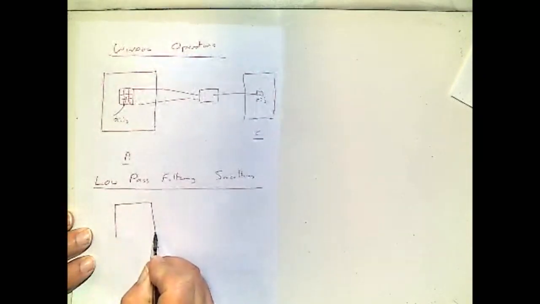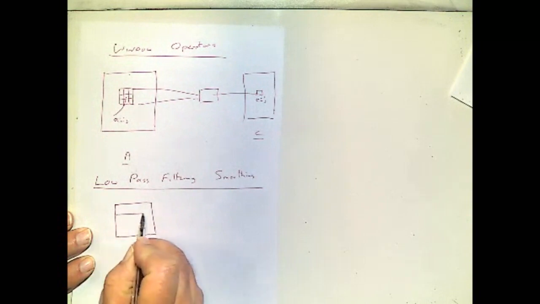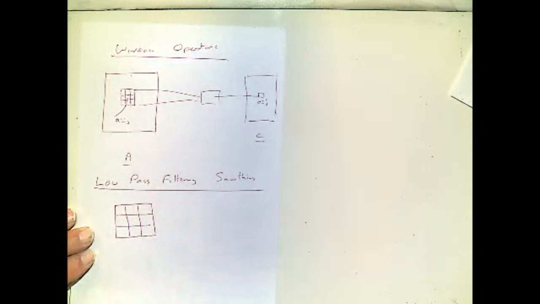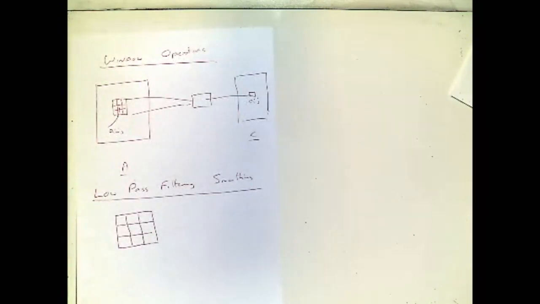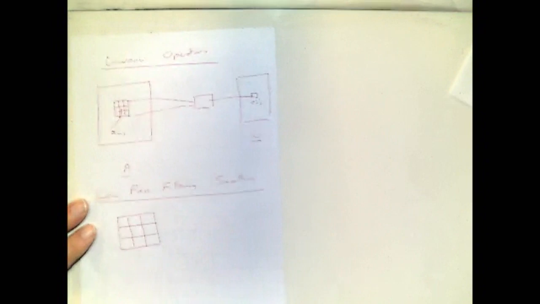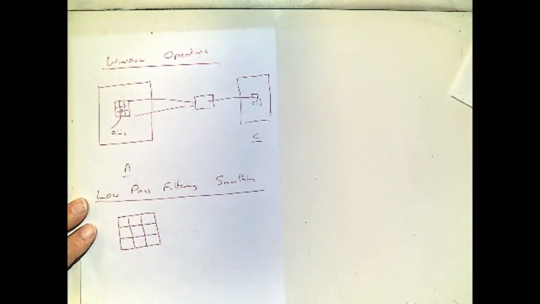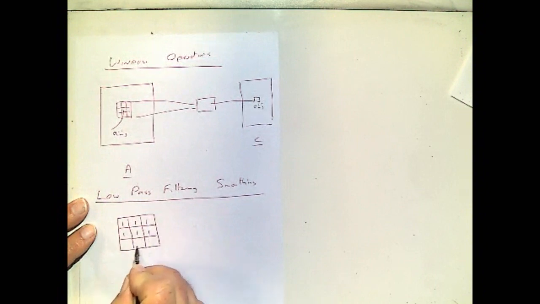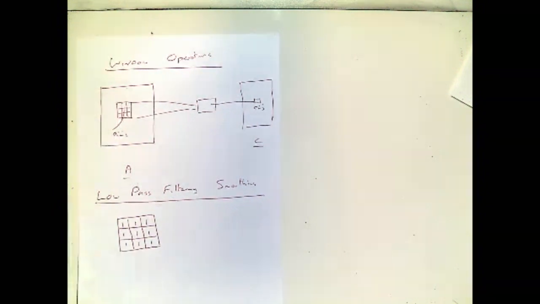So, the window operator for a low-pass filter is extremely simple. The 3x3 window, it has coordinates, and the coordinates are, does anybody know? It can't get any simpler than all 1. And that correlates with the image.